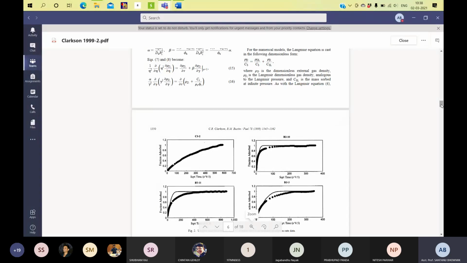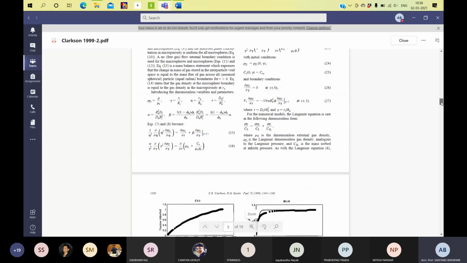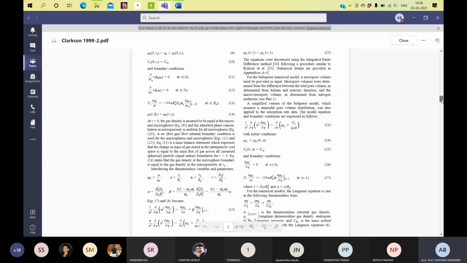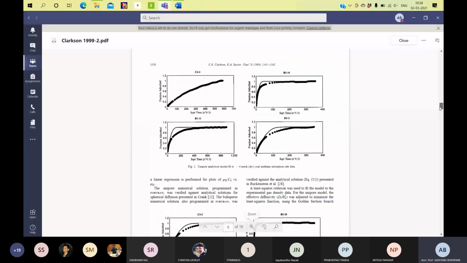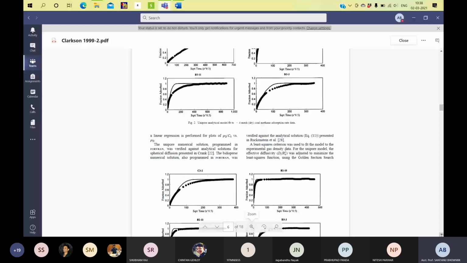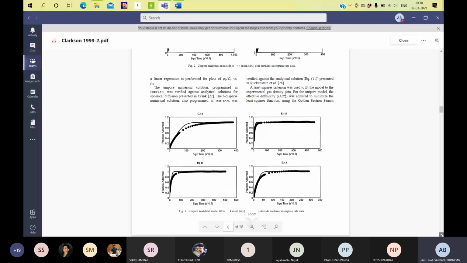But in this particular paper, Clarkson and Bastin have done numerical simulation using the partial differential equation and one dimensionless parameter. They have done the unipore analytical model and the bidisperse analytical model, and shown the fit with the experimental data, and they have given the results.